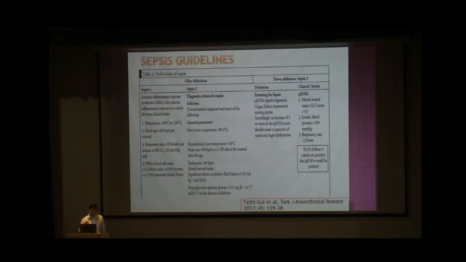The sepsis 1 guideline, as we all know, focuses on systemic inflammatory response syndrome in the setting of a source of infection. These are the parameters that are used, as you all are aware. Any 2 or more parameters along with a focus of sepsis defines sepsis as per sepsis 1 guideline.